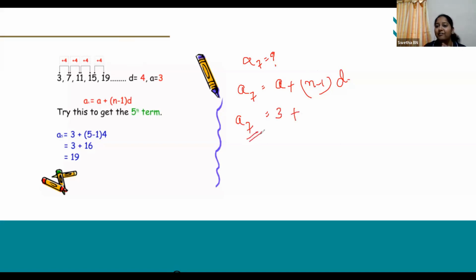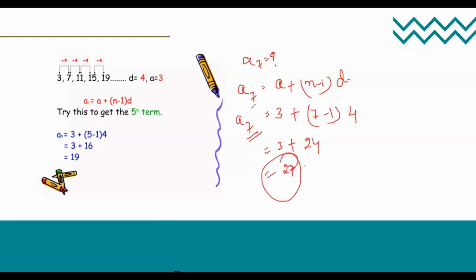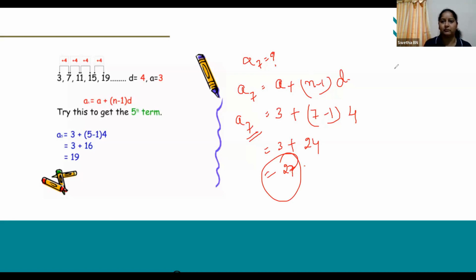We are finding the 7th term, so n is 7. a7 is the 7th term. d is 4, so it is equal to 3 plus 7 minus 1, which is 6. 6 4s are 24. That is equal to 27. Got it? Yes. So this is how we find the terms in the AP.